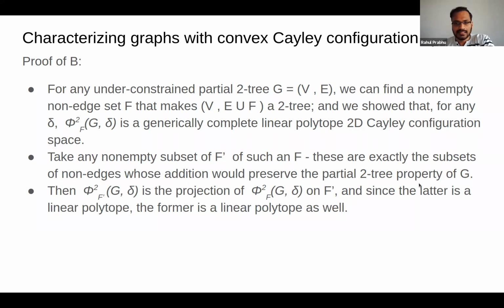These are exactly the subsets that would preserve the partial two treeness, because starting with a partial two tree, you're going towards a two tree. So any edge you add will be contained in the two tree. So this preserves the partial two treeness.